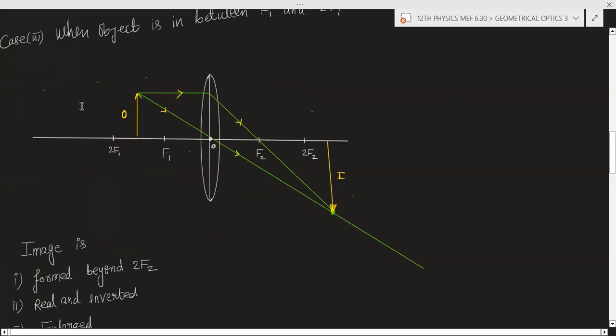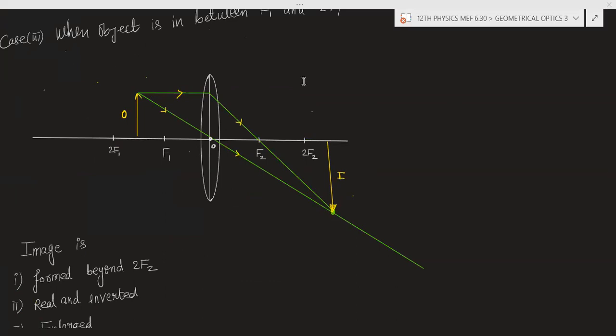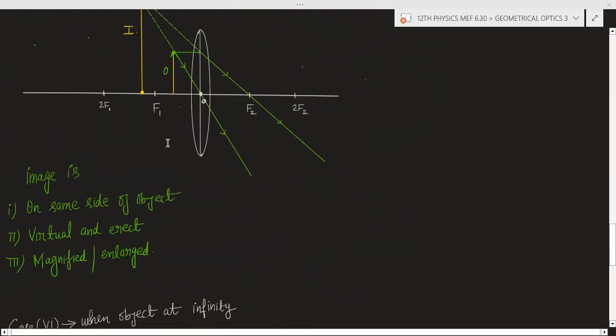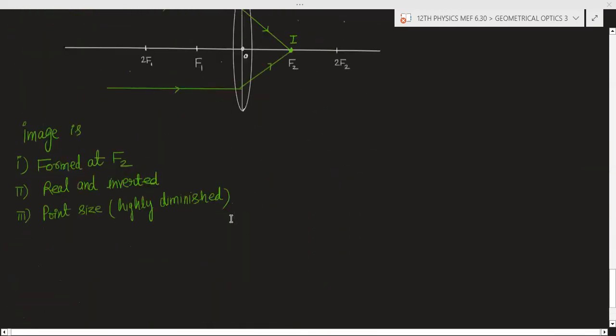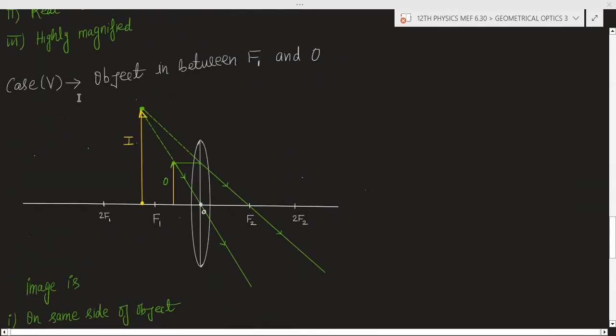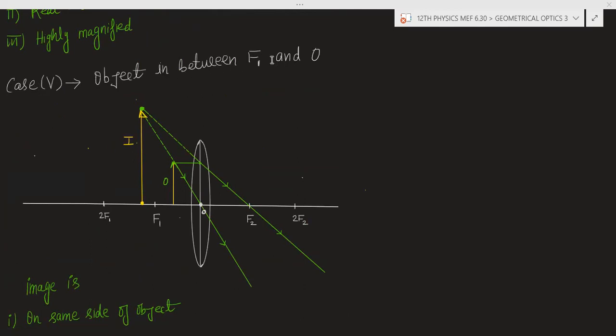Ray diagram. If in the examination you have to draw the ray diagram, then take a scale, means draw the ray diagram with the help of a scale. So this is the case of the object in between F1 and O, the optical center.